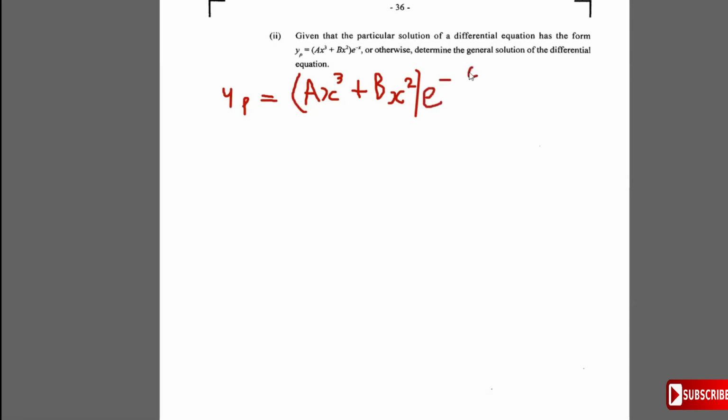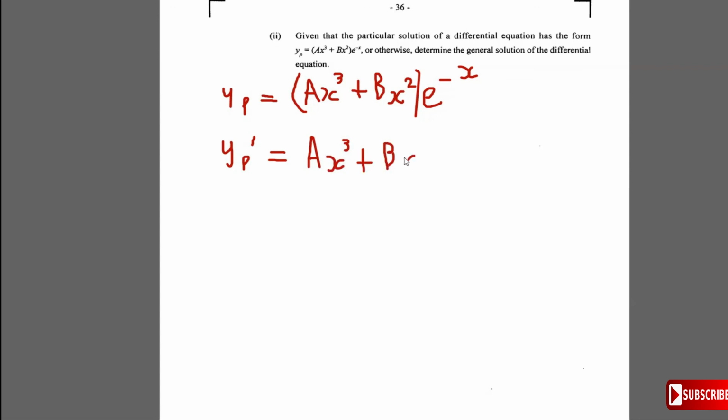So what we're going to do then is find yp prime. To find yp prime, we're going to use the product rule to differentiate this. So we keep the first, we write back our ax cubed plus bx squared.